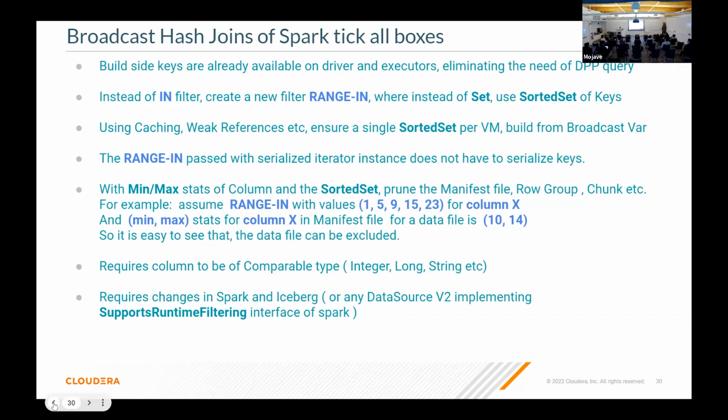So the question is, can't we do the filtering at the split level itself? You can do it with Iceberg. I will study more about this, but I have encountered multiple issues here.